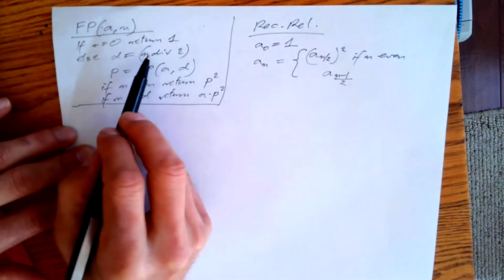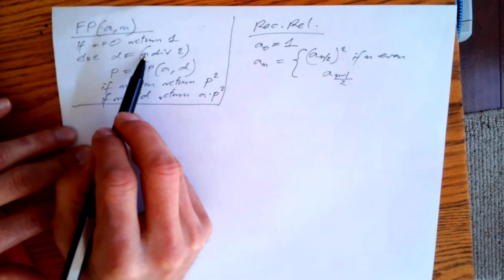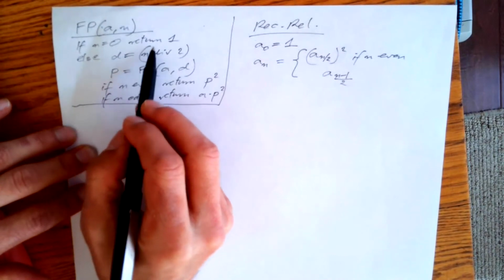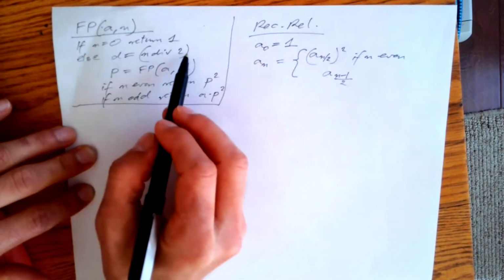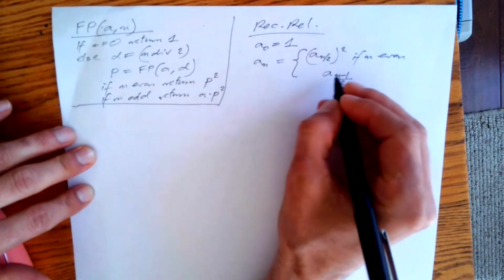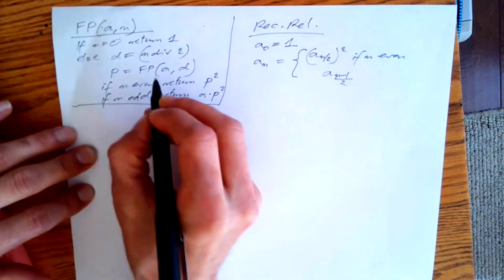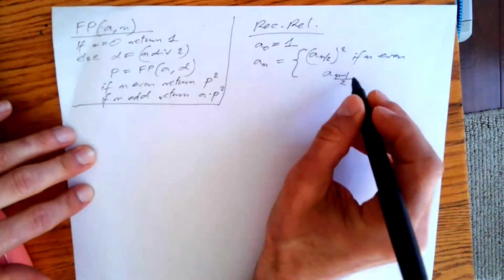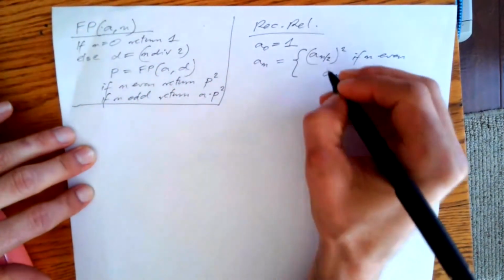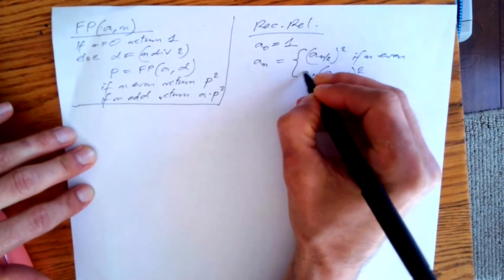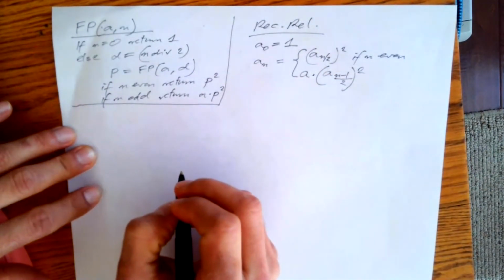The integer division when n is odd is really the same as just getting rid of the 1 and now dividing, because after you get rid of 1, this becomes even, right? So you divide, and that's the index of the element of the sequence, pointed to by d, understood as an index into the sequence. And what did we do with this element? We squared it, and we multiplied it by some constant a.